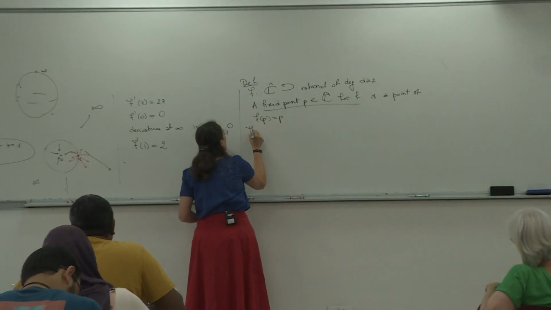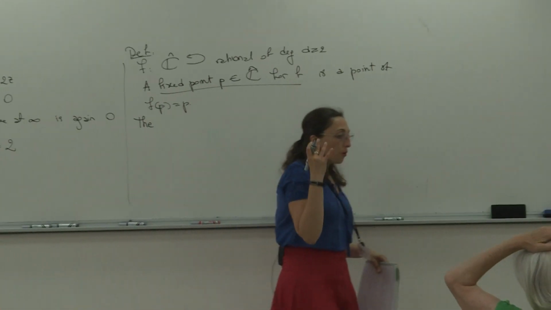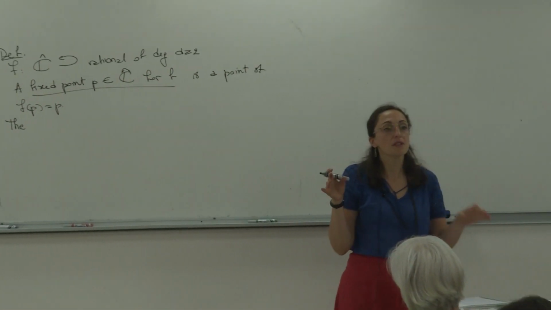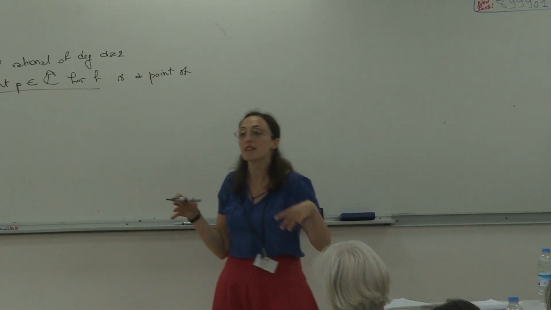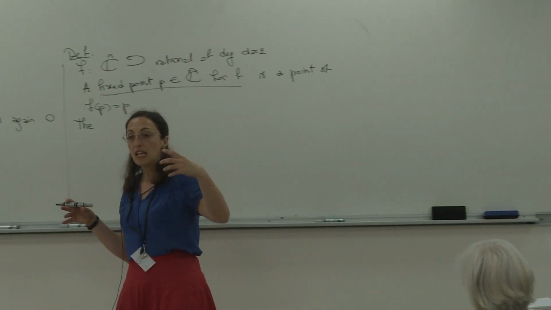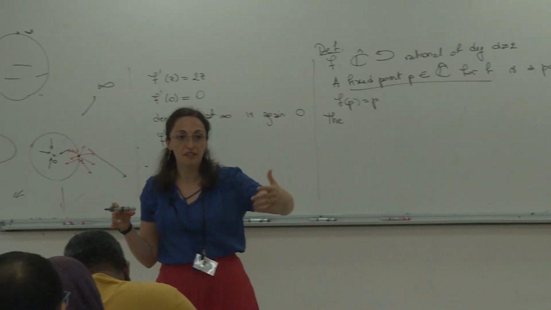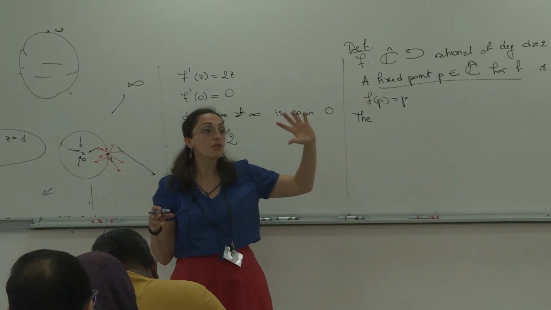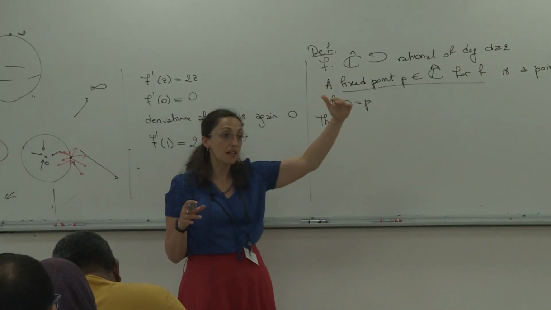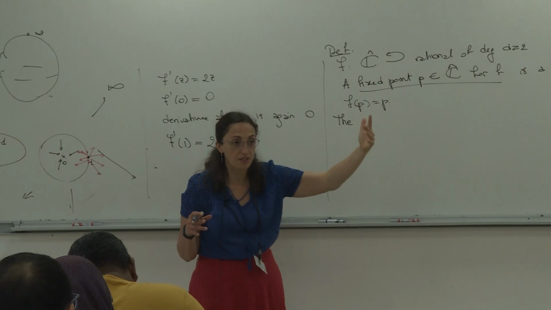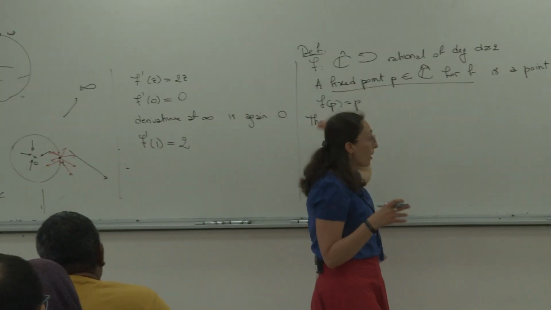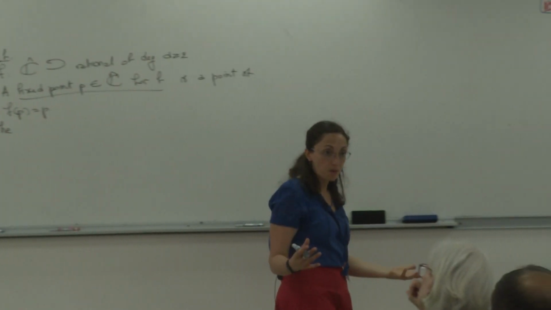What I did over there was kind of misleading. I talked about the derivative, but when you talk about the derivative at the point, actually you should talk about the map on the tangent plane. That's a linear map where you can compute the multiplier.